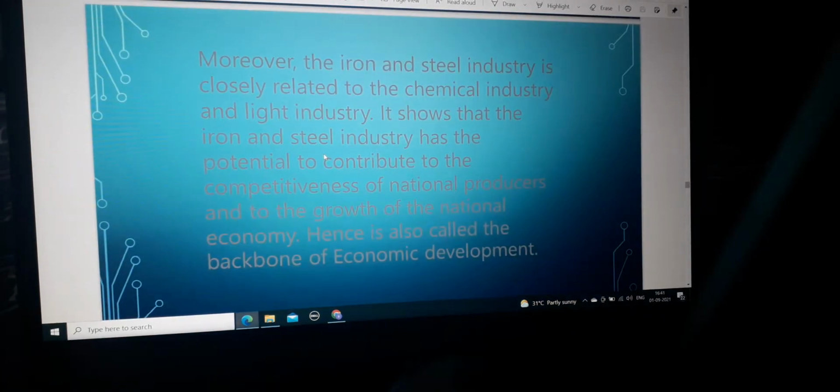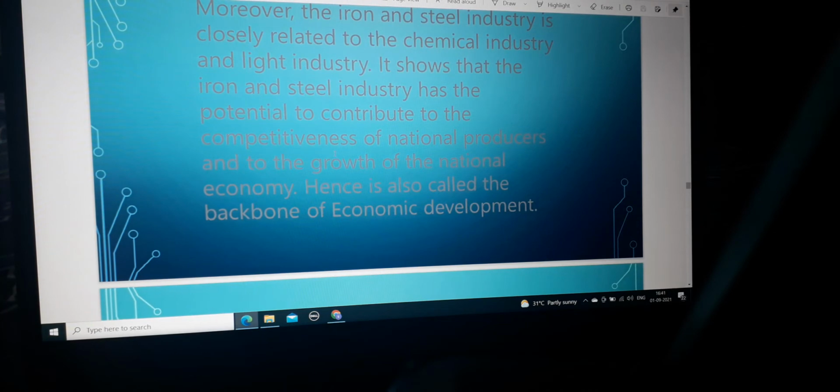Moreover, the iron and steel industry is closely related to the chemical industry and light industry. If you see, iron and steel is used not only in our day-to-day life, but also in chemical industries, where certain chemicals are stored in metal containers.